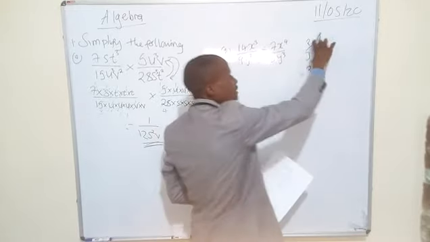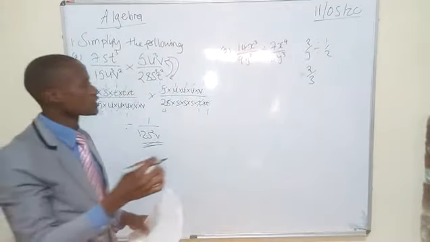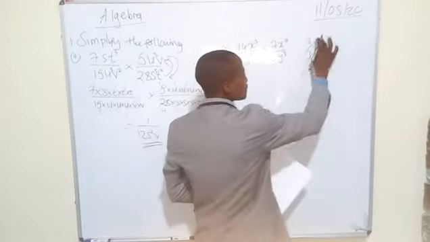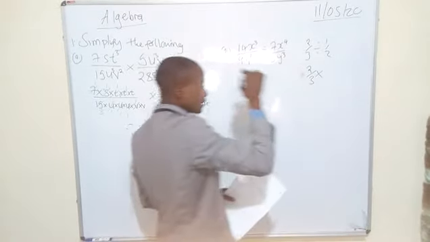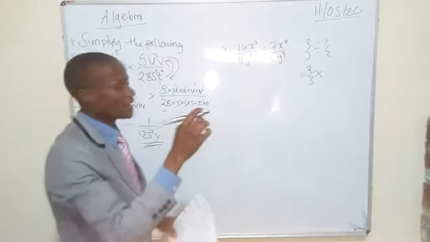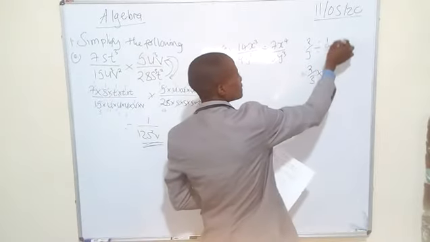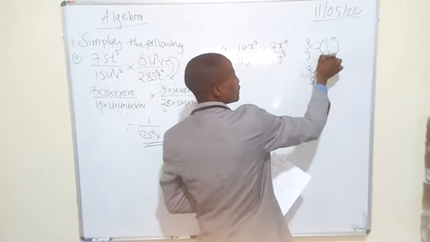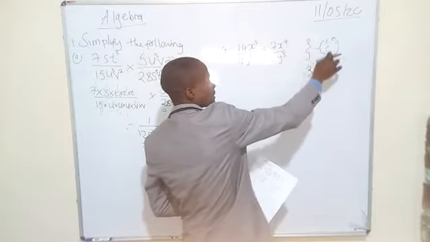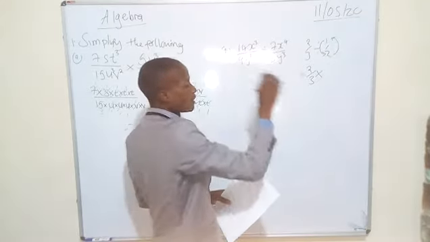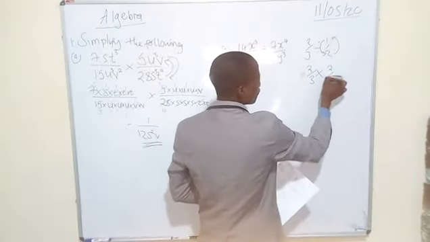Then you change the division sign into a multiplication sign. Once you change the sign, the second fraction swaps its position: the denominator becomes the numerator, so the one at the bottom goes on top.